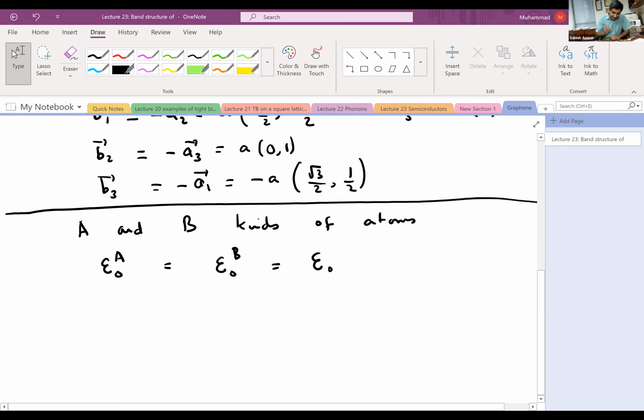So what we see is that if I have E naught, I can find the function C. Now the C is defined by the position vector Rm. Instead of m and n, I need to define the position vector Rm, which is the location of the mth atom.